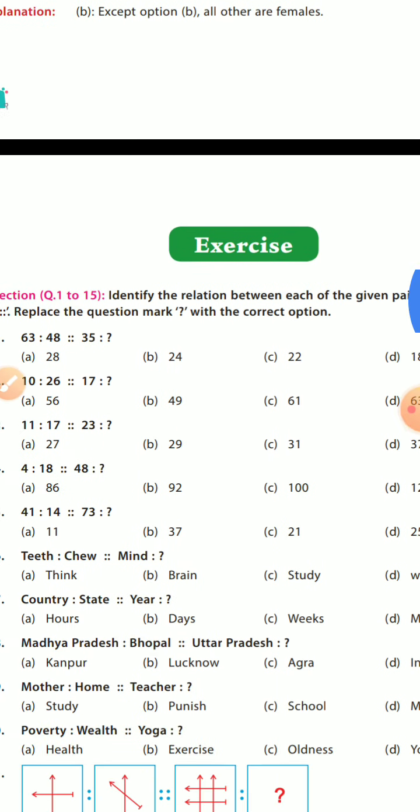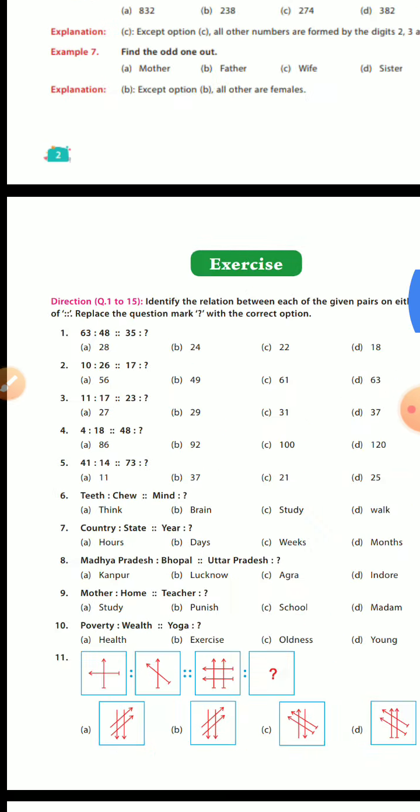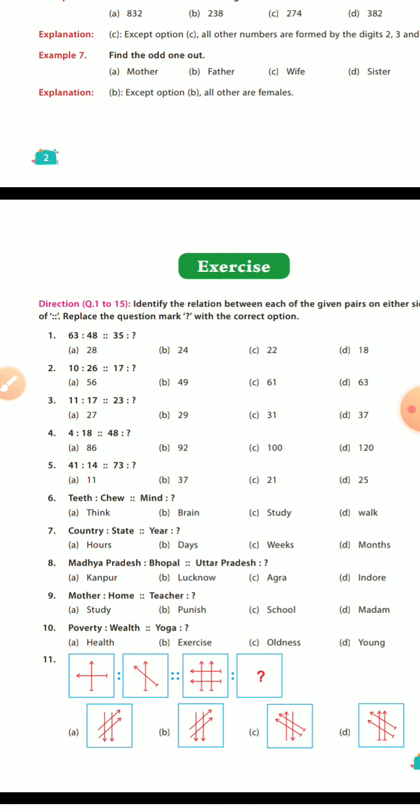Now I am coming to the exercise, which consists of questions from 1 to 15. In it we have to identify the relation between each given pair on either side of the ratio and replace the question mark with the correct option.